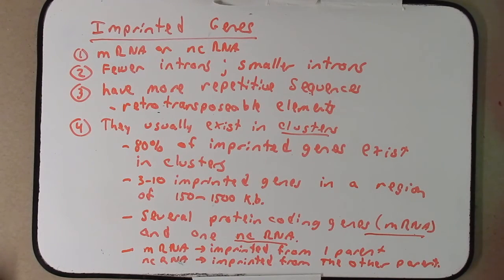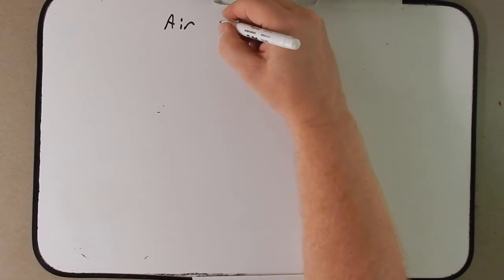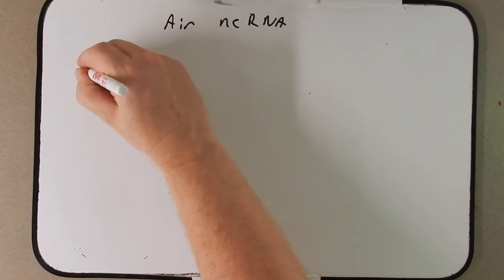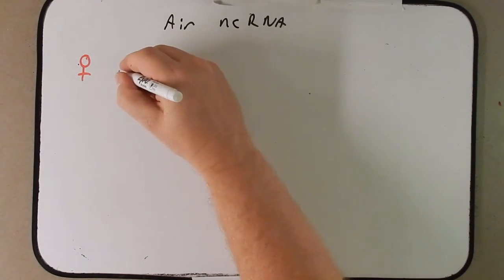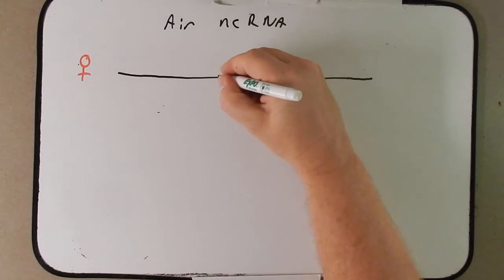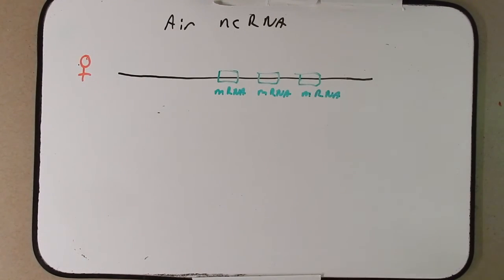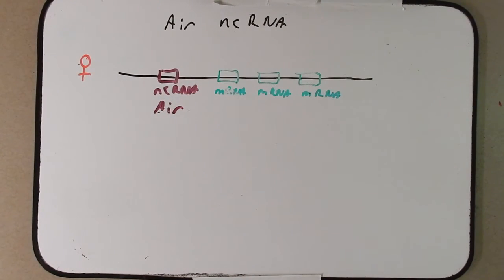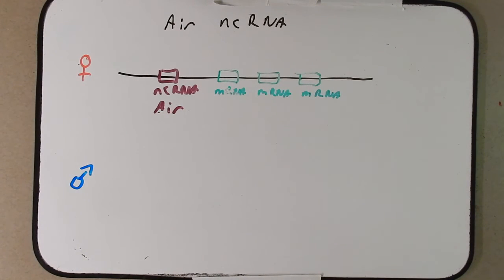So let's talk about an example of this reciprocal imprinting. And this example will be looking at the air non-coding RNA. So the maternal source here I'll draw like so. And in this particular example, there are 3 messenger RNA genes, and then 1 non-coding RNA gene, which is called air. Let's go ahead and draw the paternal source down here.